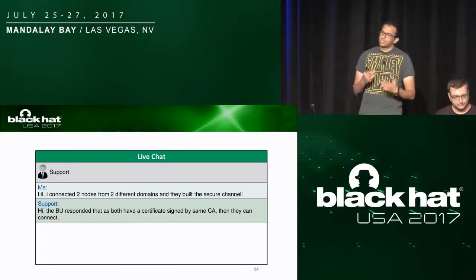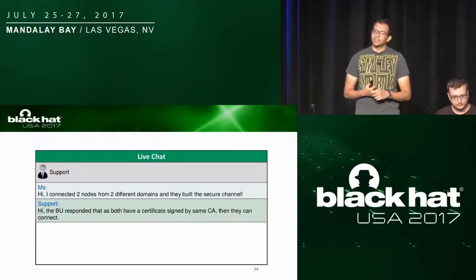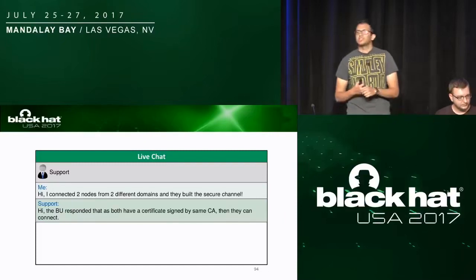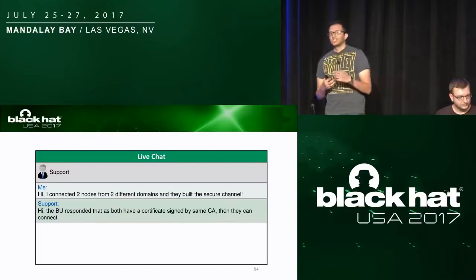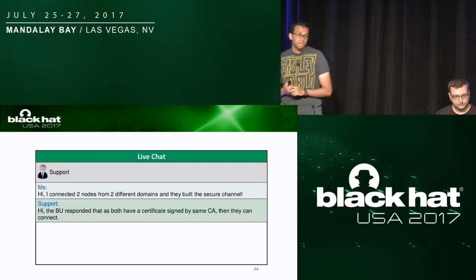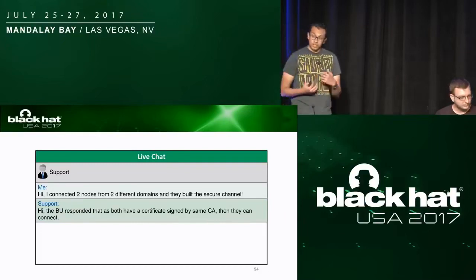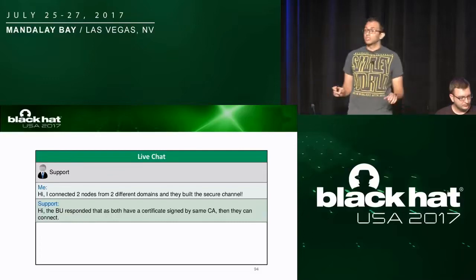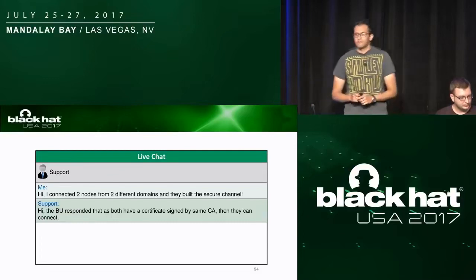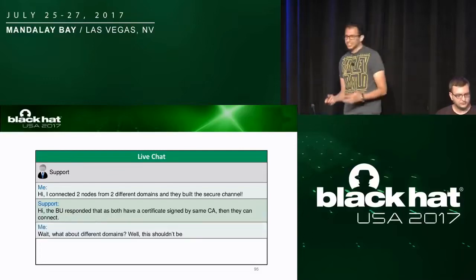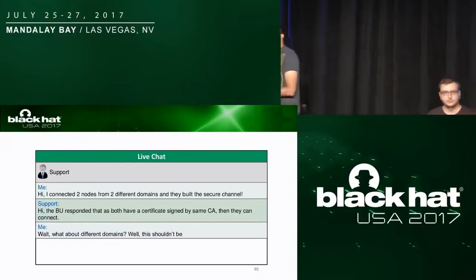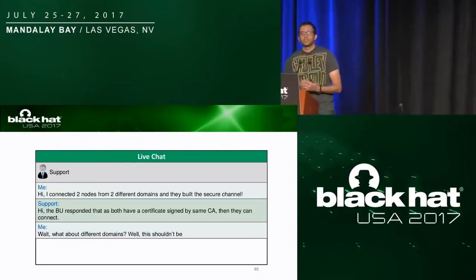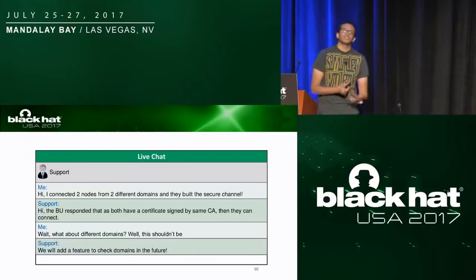They checked with the business unit, and although it's not in the documentation, Cisco decided to change the documentation a bit and said, if they have a certificate signed by the same certificate authority, although we are from two different domains, we will build the secure channel. But come on, this is against what you have written in the documentation. This shouldn't be. And Cisco's simple answer was, okay, we will add this feature in the future.